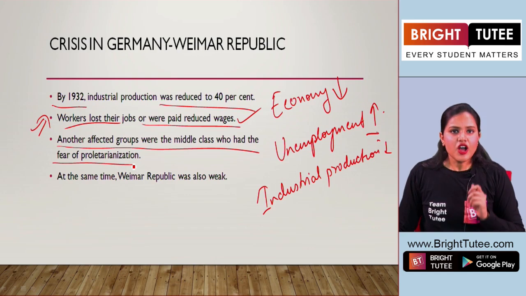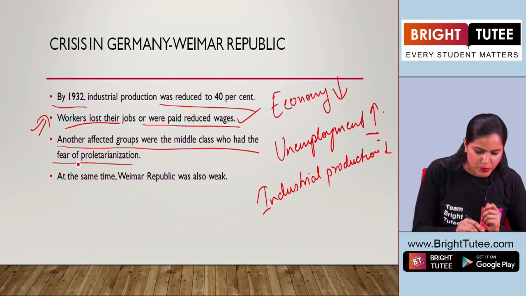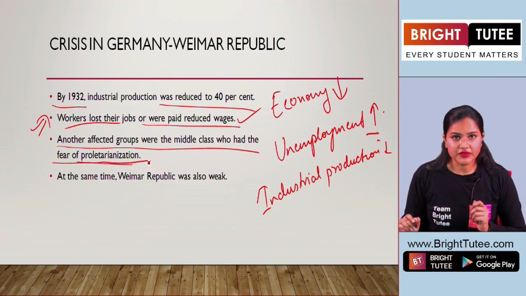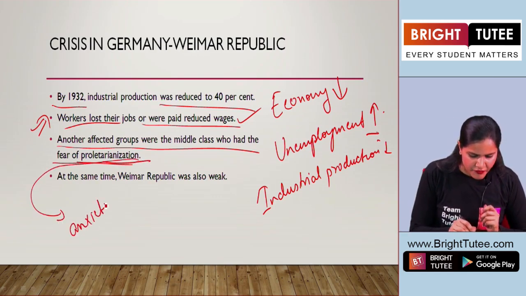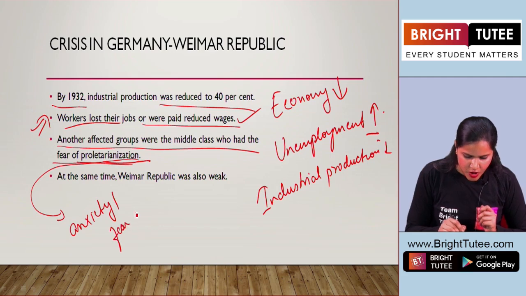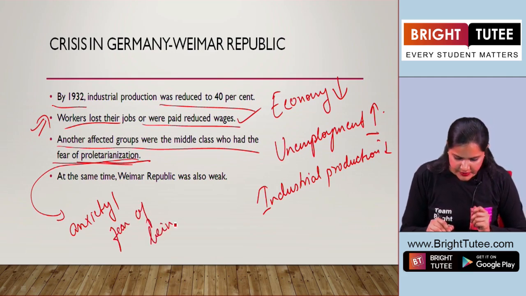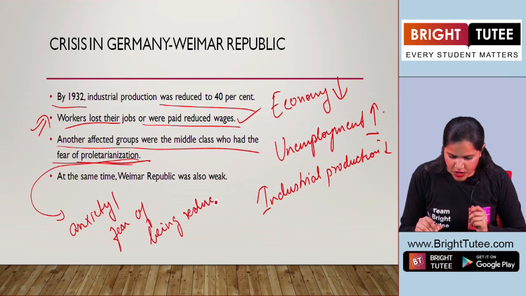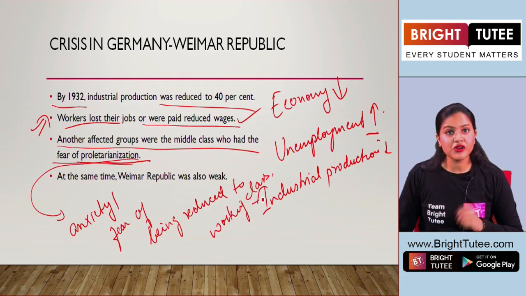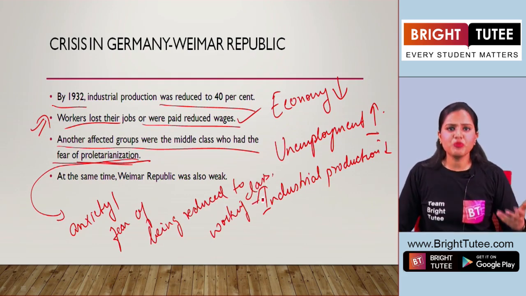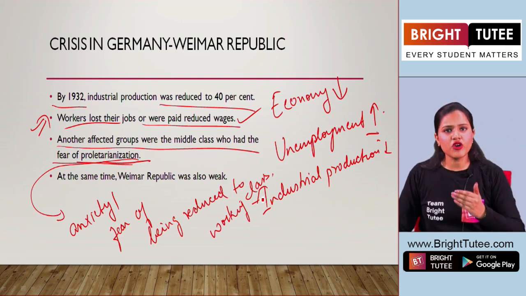Who had this fear of proletarianization, right? It means that this was an anxiety or fear of being reduced to the working class. So all these people, each and every class living here in Germany, were impacted by this depression and the dwindling economy, right?